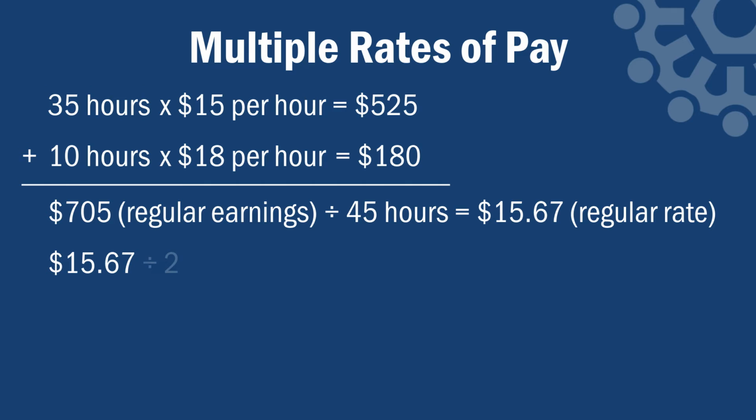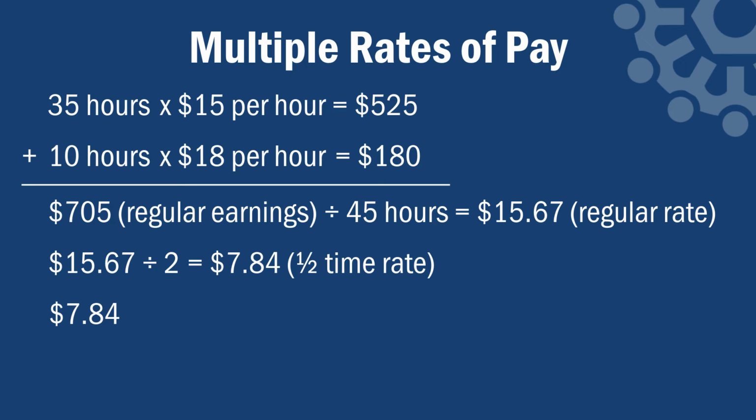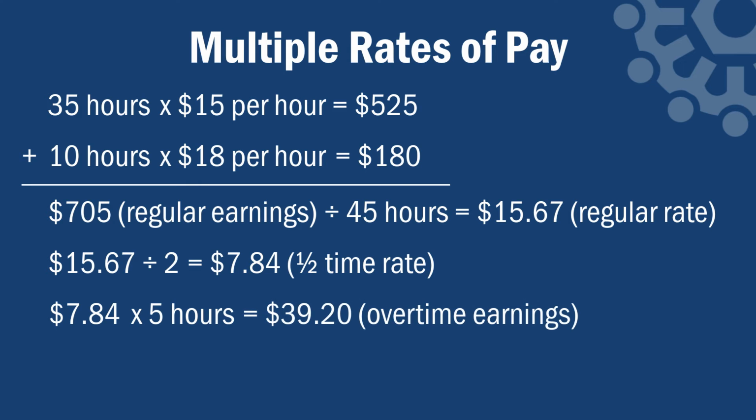$15.67 divided by 2 equals $7.84. $7.84 multiplied by 5, the hours worked over 40, equates to $39.20. $39.20 is the overtime earnings in this example.